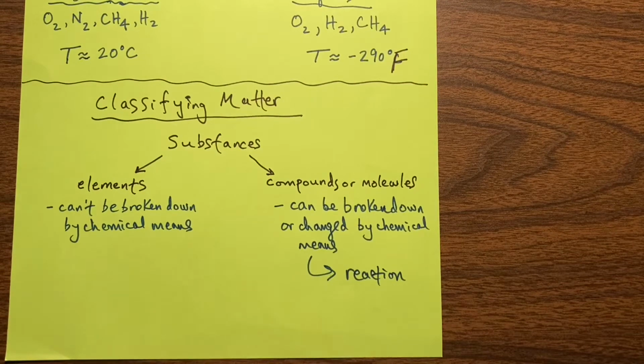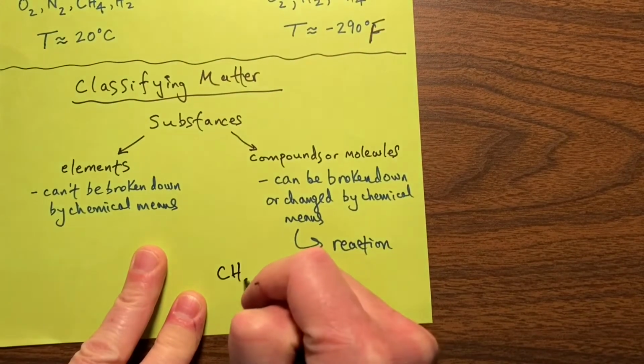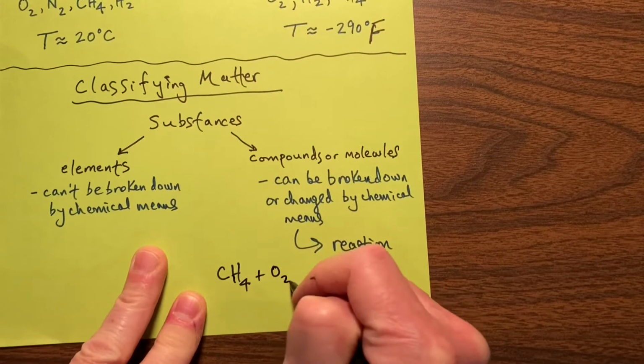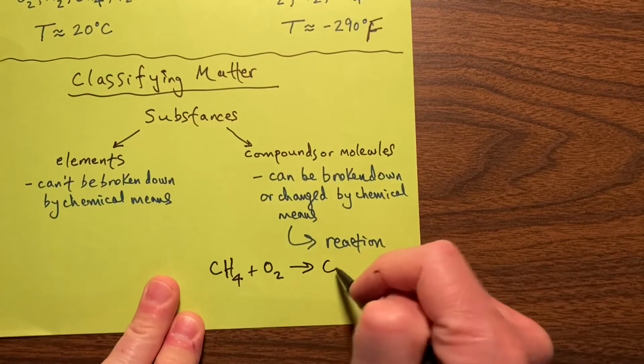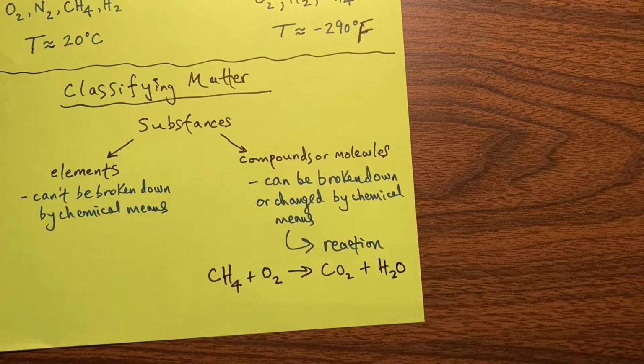So for instance, if you burn methane, a chemical reaction would be CH4 plus oxygen gives you CO2 plus water. That's a chemical reaction. That's called combustion.